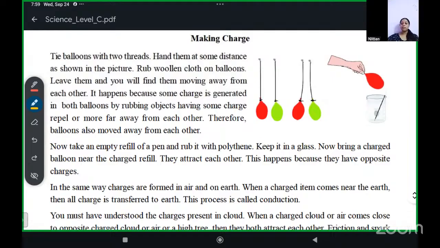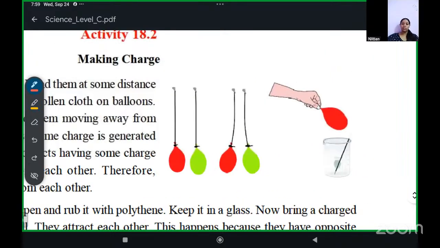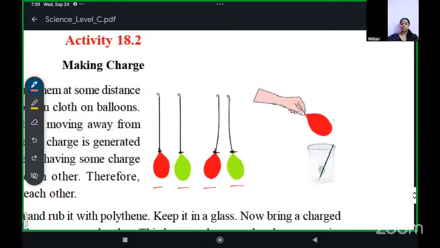See, the balloons were rubbed with the same woolen cloth. So we cannot suppose that it will give them different charge. If the balloons are rubbed with the same cloth, I assume they are negatively charged. So this balloon is also negatively charged, but the pen refill is rubbed with a polythene bag, or a polythene.